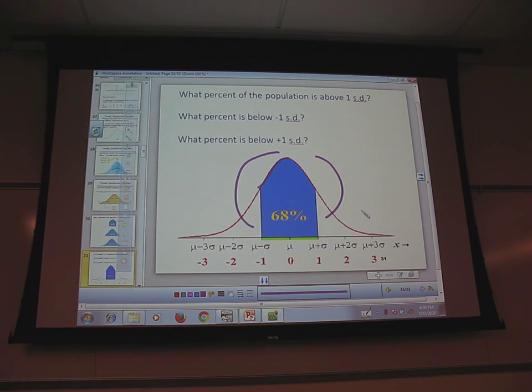So those two outsides had better total 32%. However, it's symmetric, so half should be on the left and half on the right, which means this should be 16% and this should be 16%. Make sense? Half and half. 32% divided by 2 equals 16%.